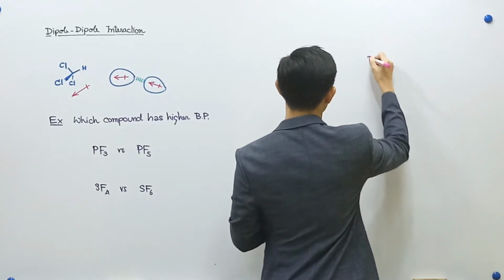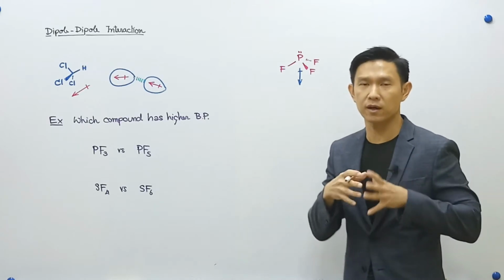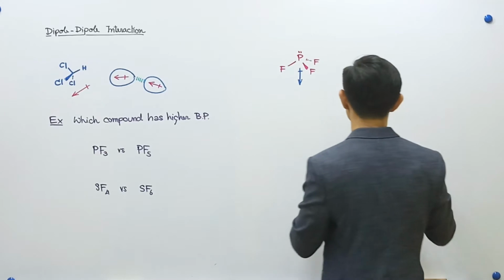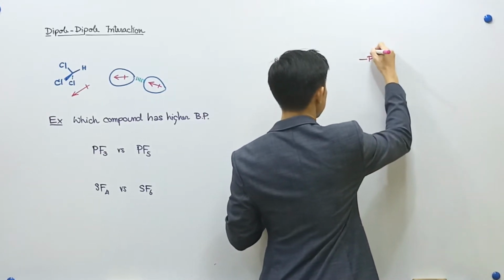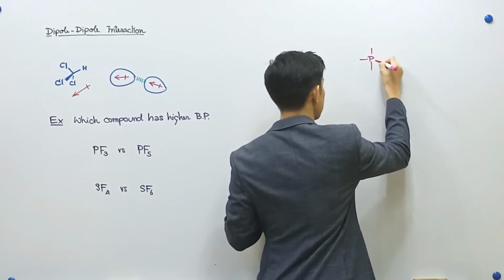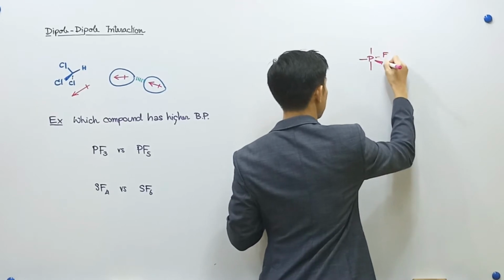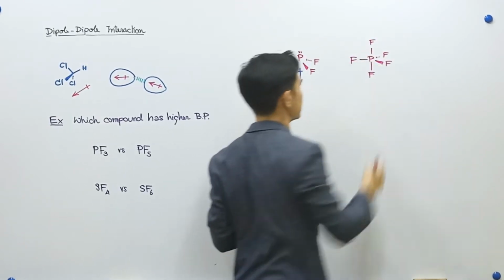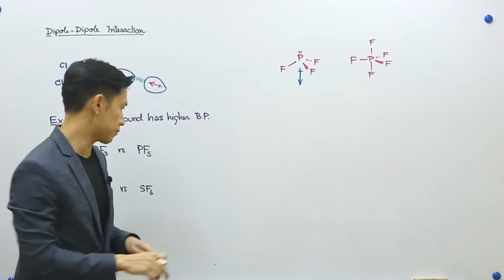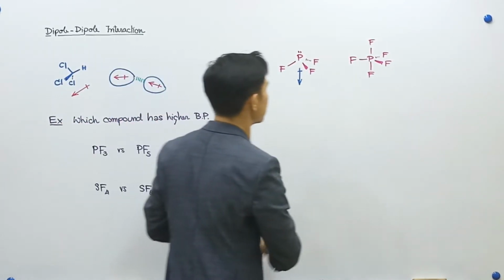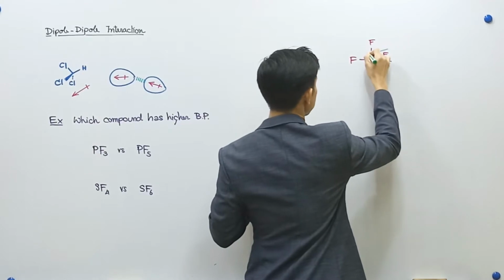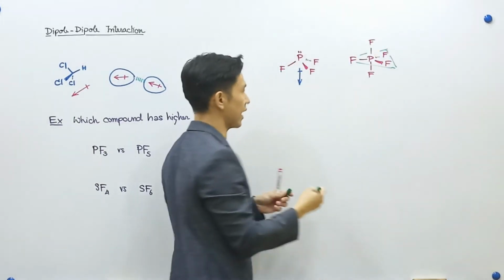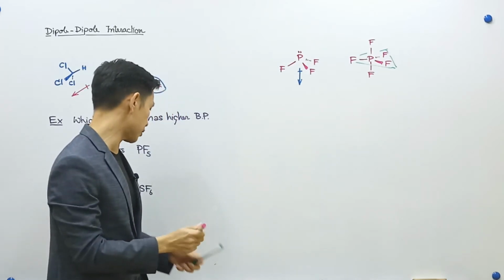But in PF5, all 5 valence electrons of phosphorus are taken away by fluorine atoms. So at the end, with 5 electron clouds, the molecular structure of PF5, or phosphorus pentafluoride, is trigonal bipyramidal shape. With the trigonal bipyramidal shape, what you can see is that we have trigonal planar, right, and the axial atoms.